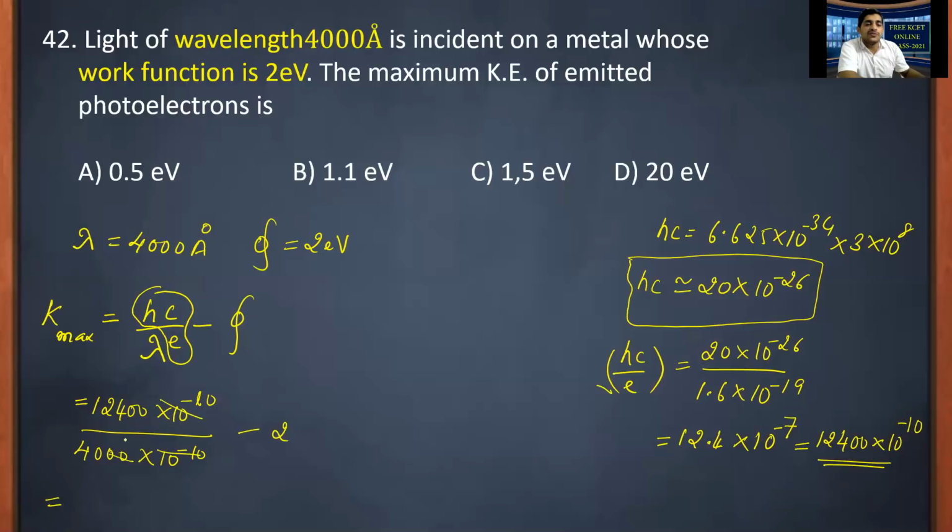So 20 gets cancelled. 40, 124 divided by 40. 43 is a 120. So this comes to be 3.1 minus 2. So the answer will be 1.1 electron volt. So the option is B. So better you remember this, and another one is this hc by e. So the option is 1.1 electron volt.